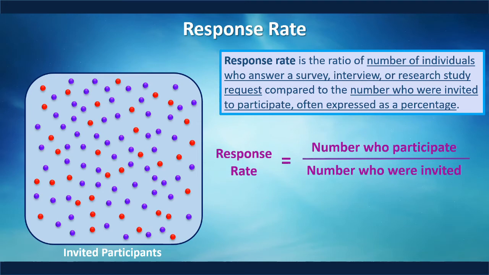Well, we know the total number of people who were invited, 100, and we know how many people responded, 65. So 65 divided by 100 is 0.65. And if we wanted to change that into a percentage, we would simply multiply this decimal by 100. Therefore, our response rate in this example is 65%.